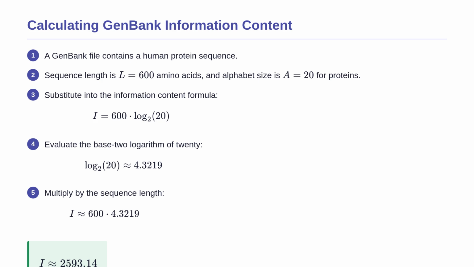The base 2 logarithm of 20 is approximately 4.3219, which is the number of bits per amino acid. Multiplying this by 600 gives us approximately 2,593.14 bits of pure biological complexity hidden inside the sequence itself.